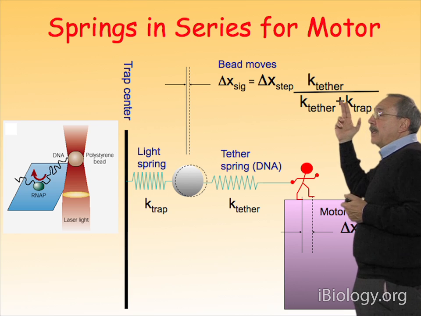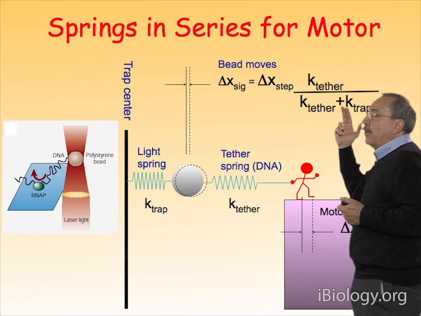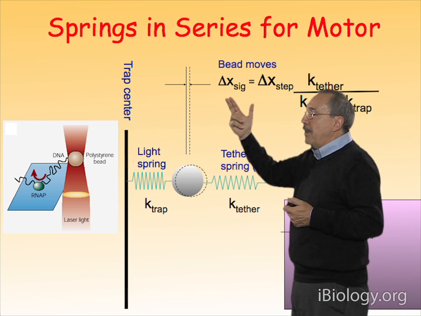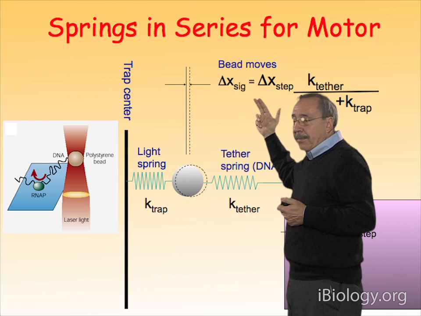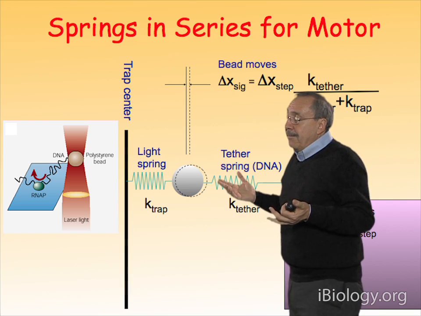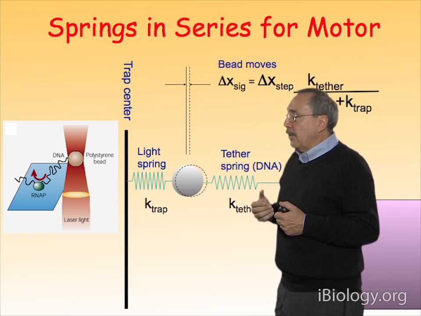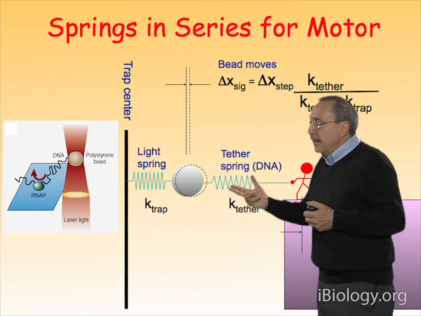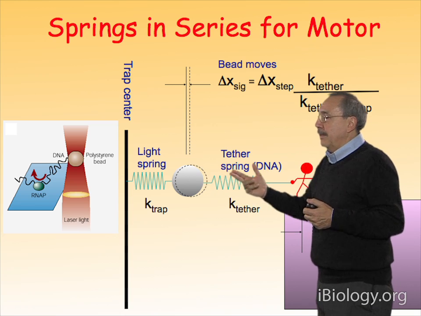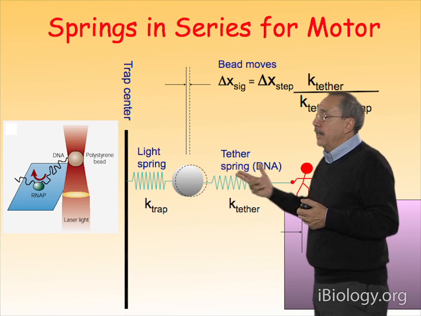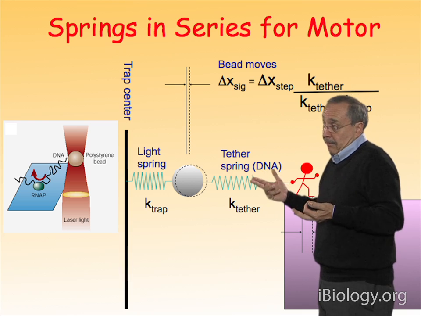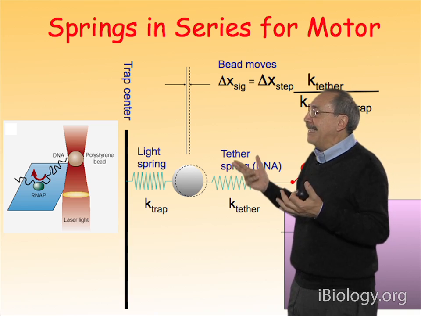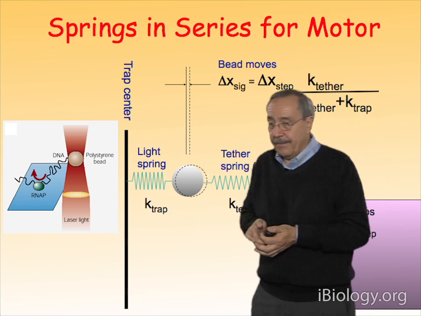If k tether is much, much larger than k trap, we can neglect k trap in the denominator, and we have k tether divided by k tether, cancels, and what we get is that the signal that we measure is identical to the size of the step. So the conclusion of this analysis is that ultimately the spring that connects our trapped bead to the motor actually determines in a rather dramatic fashion the size of the signal that we can measure in an experiment like this.